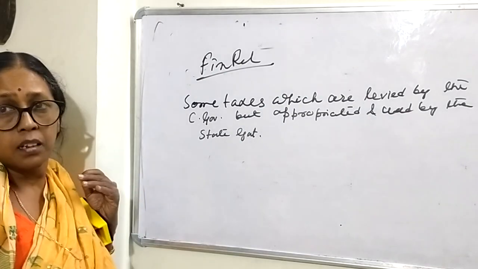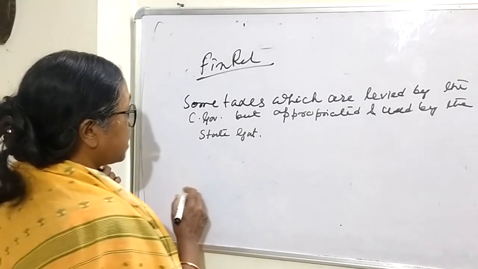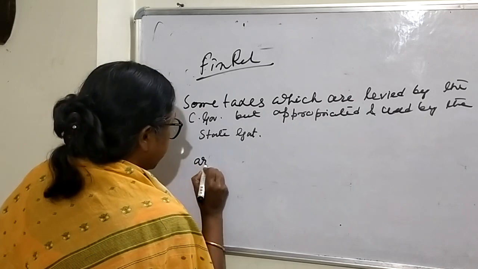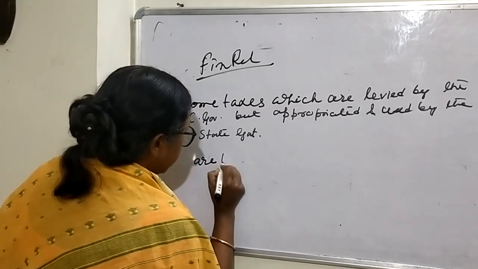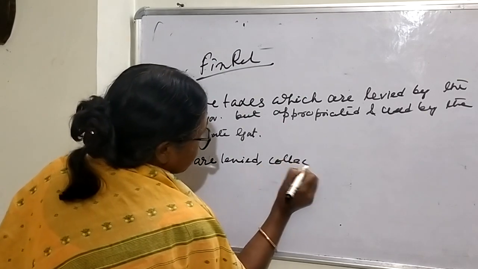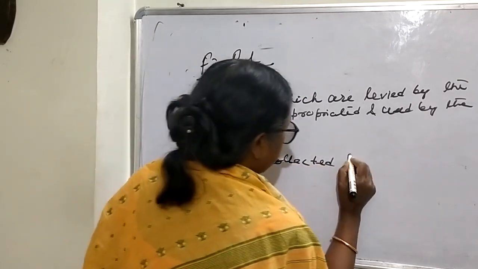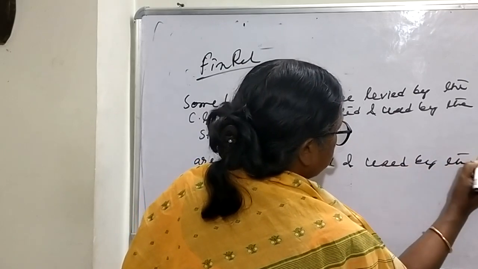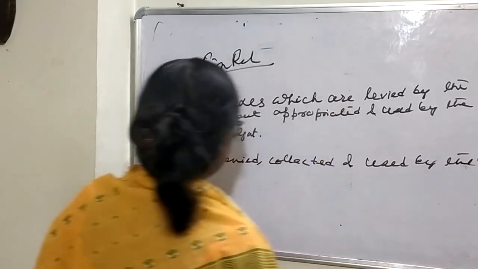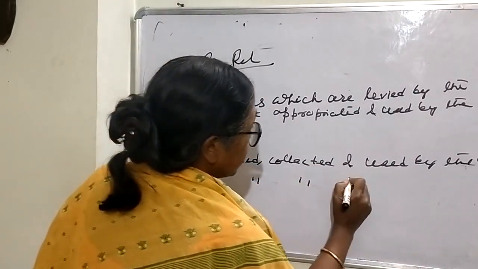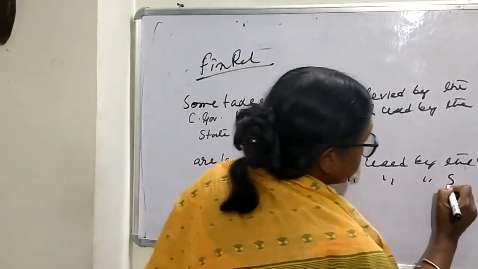Okay. Then some taxes are levied, collected and used by the central government. Then some taxes are levied, collected and used by the state government.